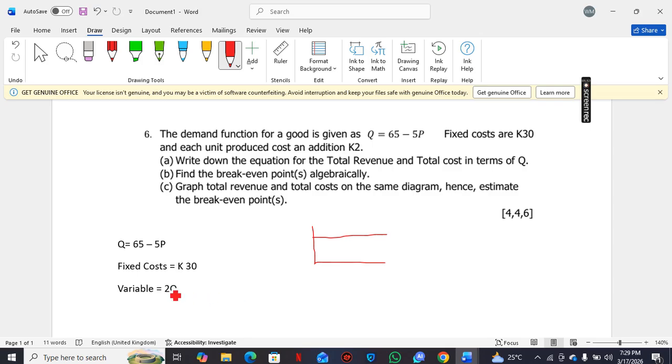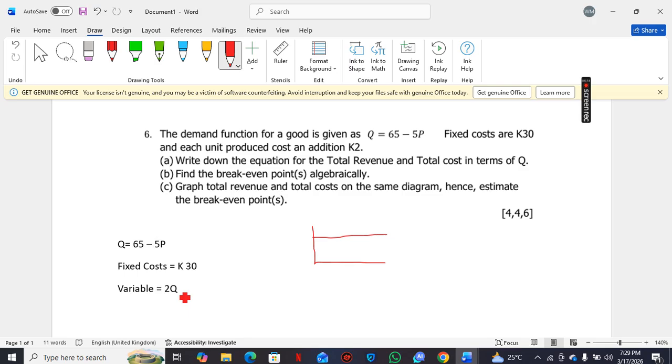Then variable costs are the costs which can go up and down. They're dependent on how much you produce. That's why I've put here 2Q. The more you produce, the more the variable cost. The less you produce, the less variable cost.